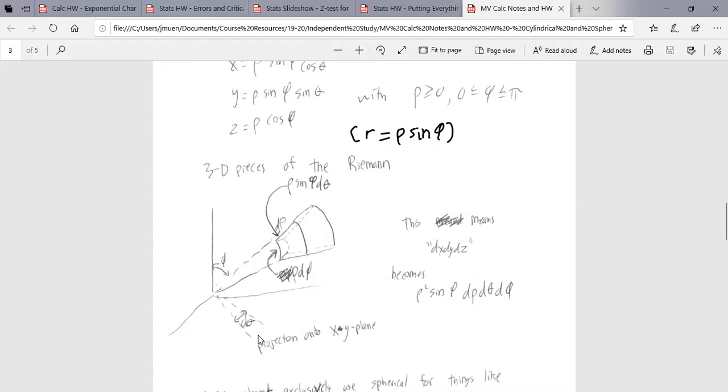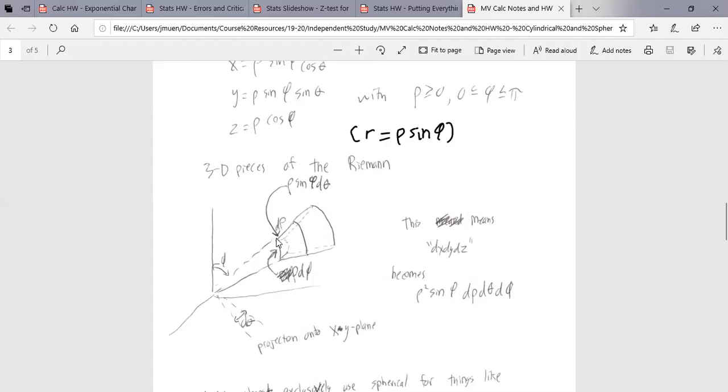So what it really needs to be is r d theta, in the same way that it was for polar coordinates, where d theta represents the angle, but if we actually want a length, it's r d theta. Here, this length is r d theta, but r is rho sine of phi, so rho sine of phi d theta.